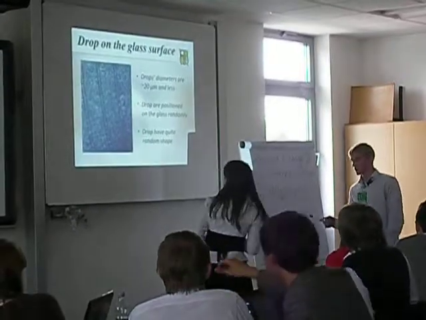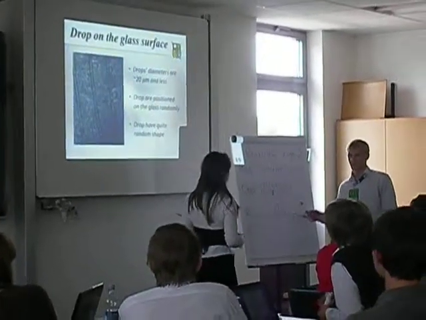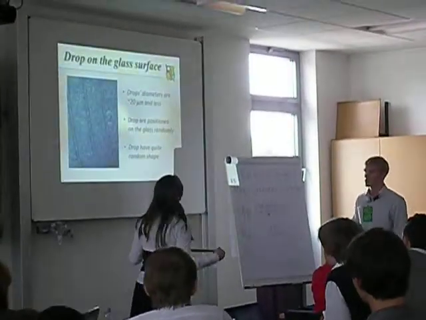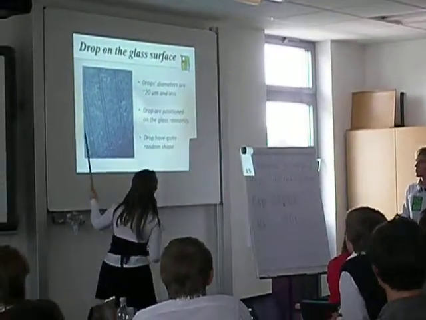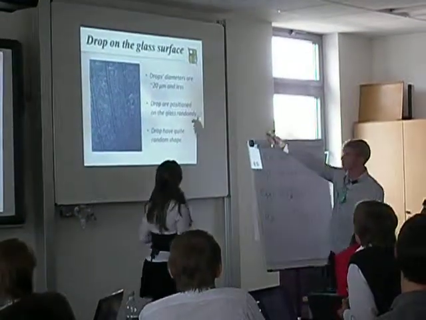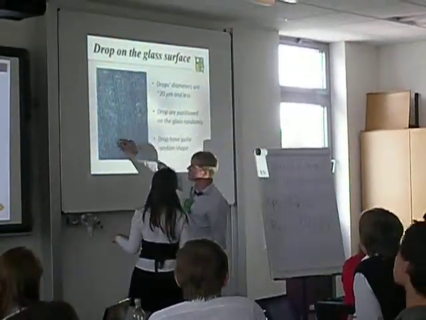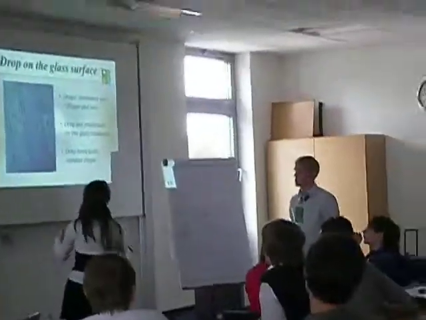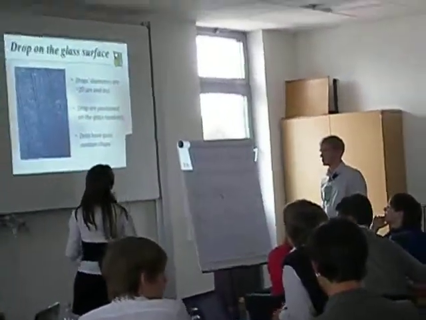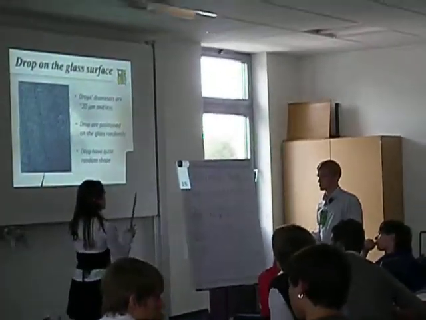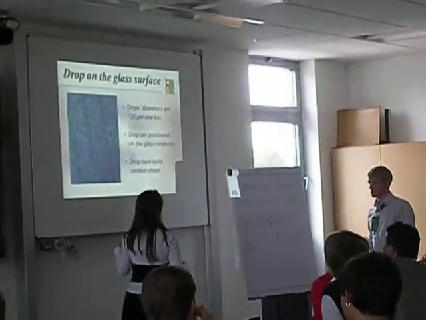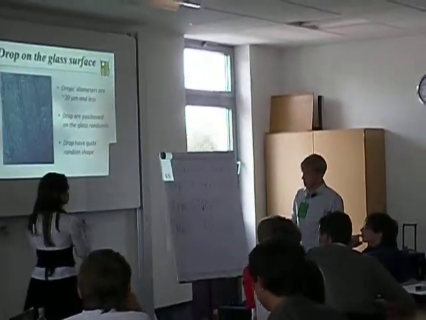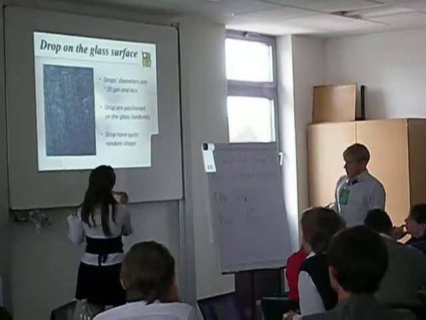And another thing: what is the distance between two droplets, the average distance? It's random too, as you can observe. But you can see that there is some average. We have some distribution of this distance, and for example, when we have a small drop, we have one distance. When our drop increases, and as you can see in the video, they are not stationary.